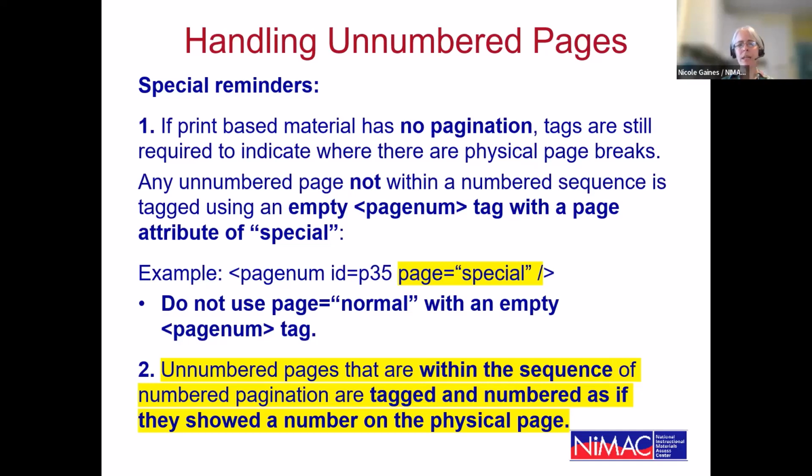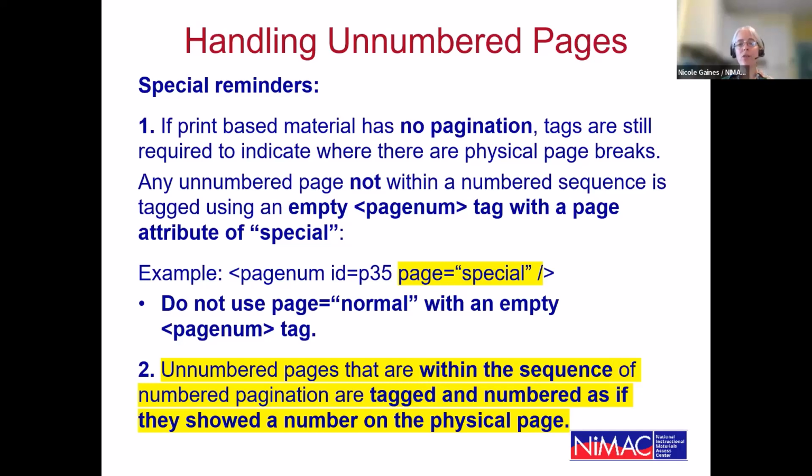One of the things I also like to mention is that if the print-based material has no pagination, but it's physical and there are physical breaks, sometimes this does come up. We occasionally get materials like flashcards, and they're not going to have numbers, but they do have breaks between the physical pieces, right?